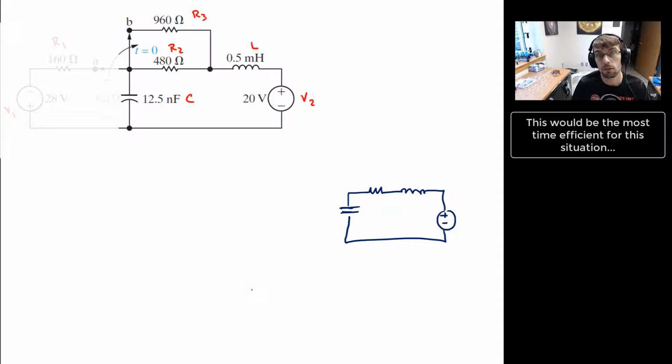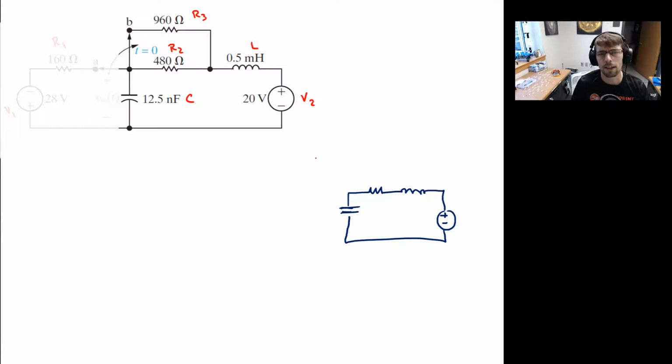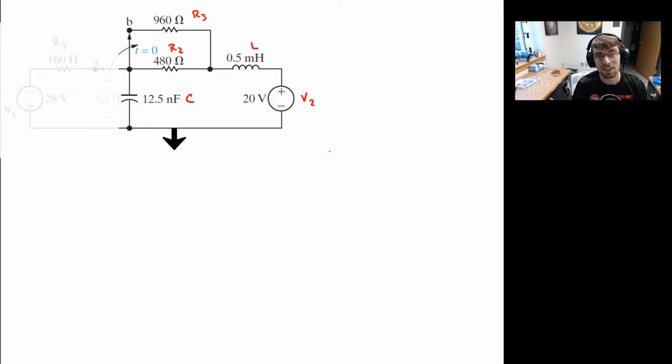We did an RLC series circuit already, so you could take the results of that and simply apply your initial conditions. Or you say, I don't like that, Greg, let me do node voltage. That's also perfectly acceptable. We'll have to ground a node and then treat both of these nodes, say A and B, and you'll get two equations that you have to finagle a little bit.